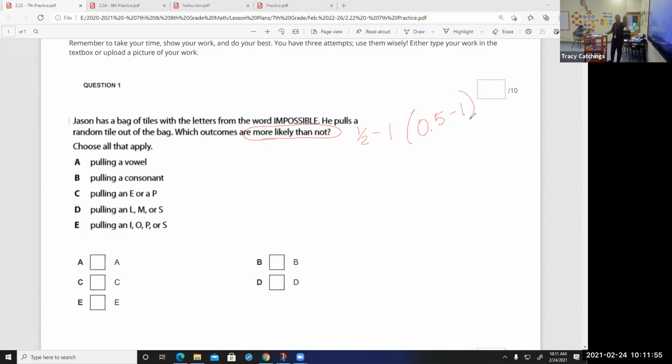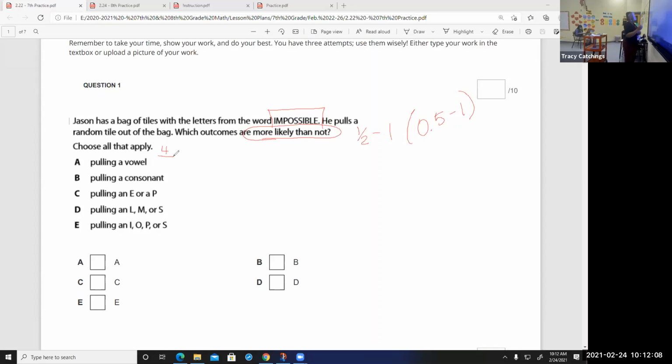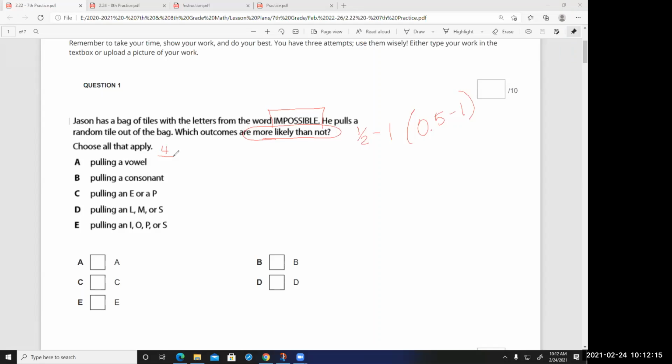Pulling a vowel. Looking at this word impossible they gave us, how many vowels do you see? 4. Out of how many total letters? 10.